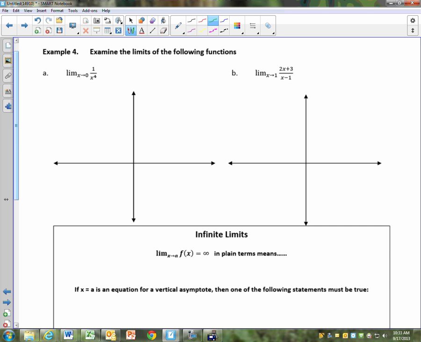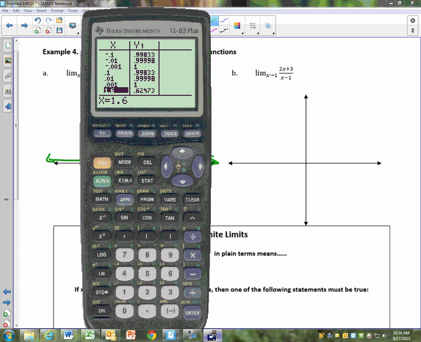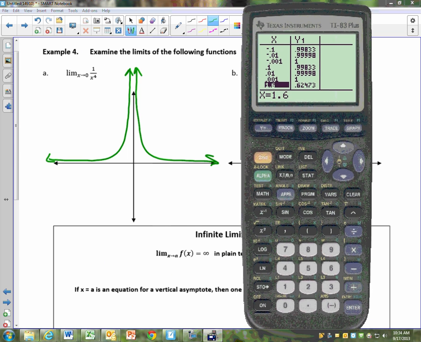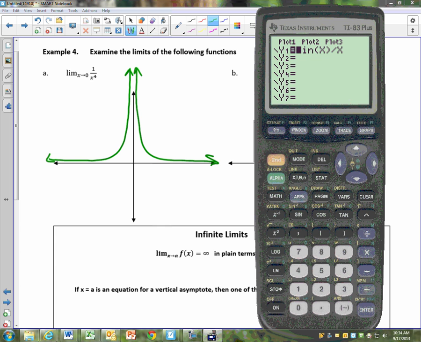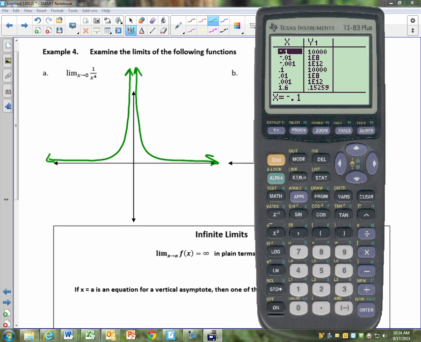And in fact, if you were to graph it, you get this type of shape. Let's go to our calculators and let's plug them in. I'm going to type in 1 divided by parentheses x to the fourth. And I'm going to go to my table. If I went to graph, it would look just like that.